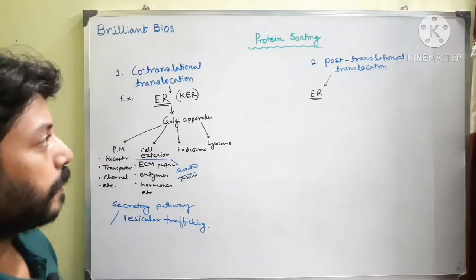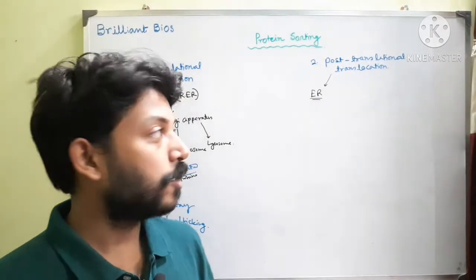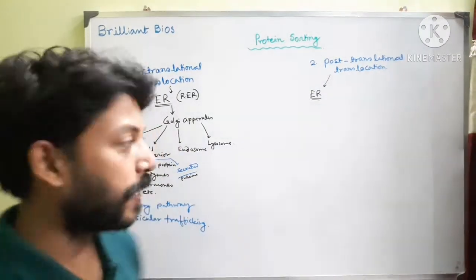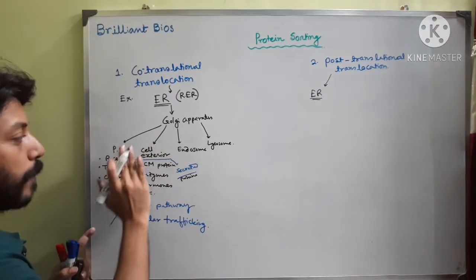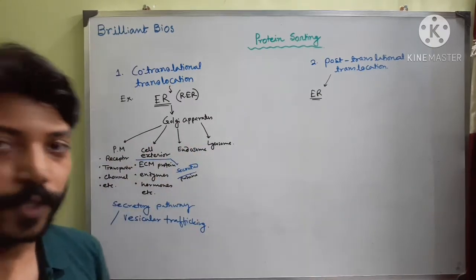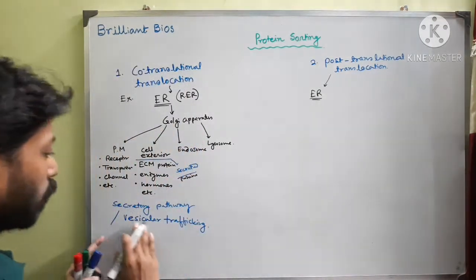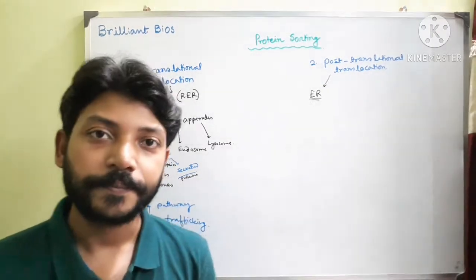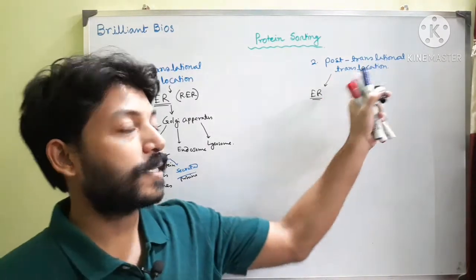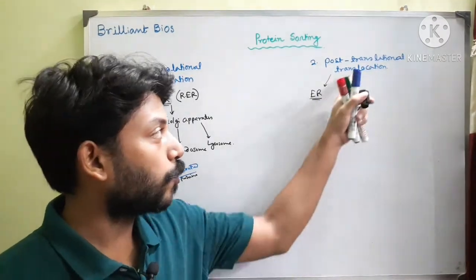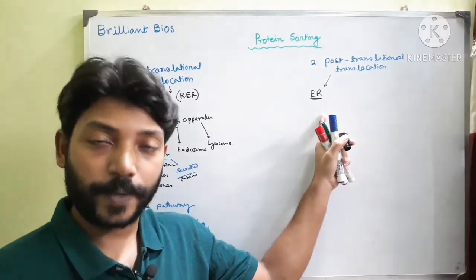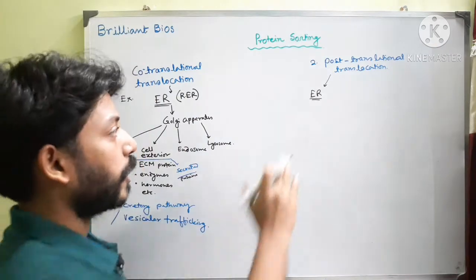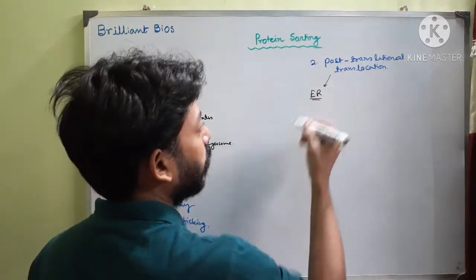But those proteins that enter through post-translational translocation are not secretory proteins. They are not secreted out to the plasma membrane, cell exterior, endosomes or lysosomes. They are not secreted, or no vesicular trafficking occurs. What is vesicular trafficking? In my subsequent classes I will discuss it. But those proteins that enter the endoplasmic reticulum by post-translational translocation are ER resident proteins.